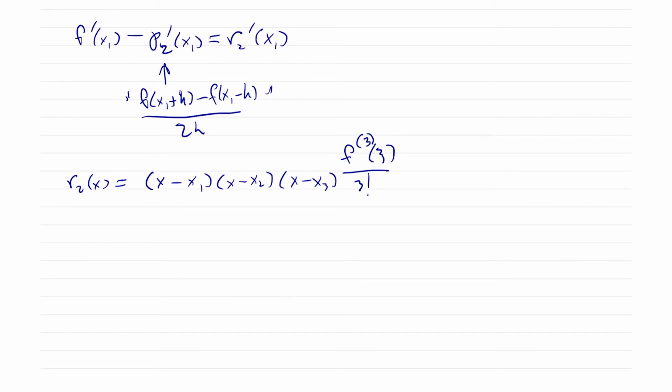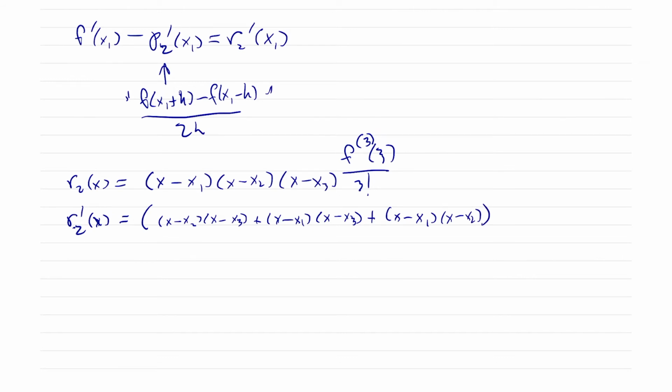Okay? So if I take the derivative, R prime at x, what is this going to give me? Well, it's going to give me (x - x2)(x - x3) plus (x - x1)(x - x3), and it's going to give me (x - x1)(x - x2).